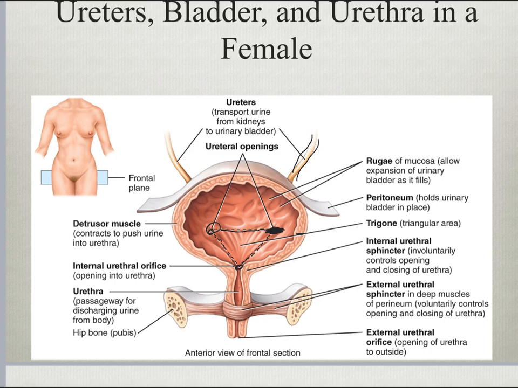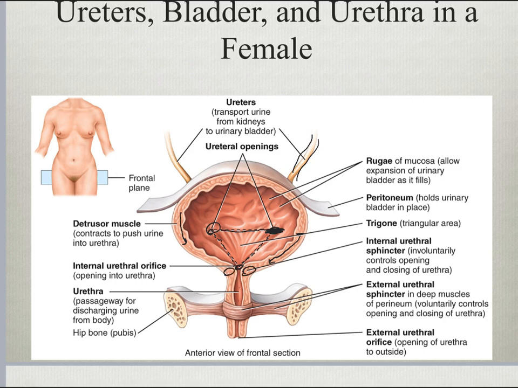Now, notice this big muscular wall of the bladder. This is known as the detrusor muscle, and this muscle has a very important job. It's going to contract to help push urine into the urethra. Now, we have two sphincters, an internal urethral sphincter and an external urethral sphincter. So our first one is going to be right here.